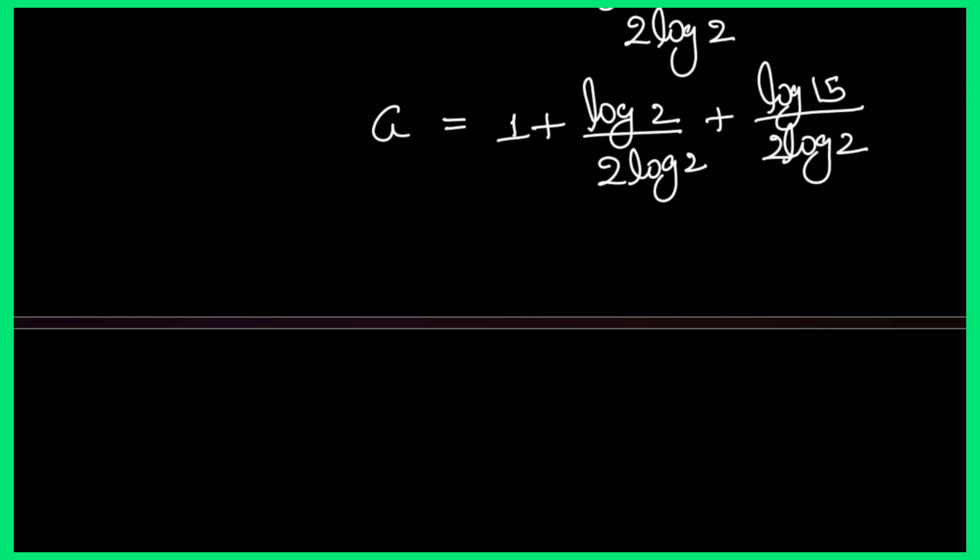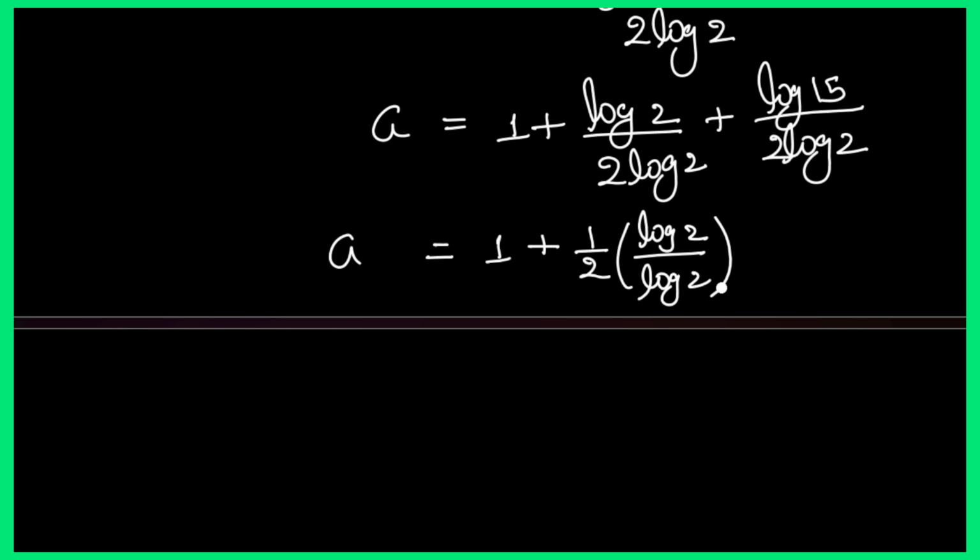Now it can also be written as a equals 1 plus 1/2 times log 2 over log 2, taking the 1/2 out, plus 1/2 times log 15 over log 2.